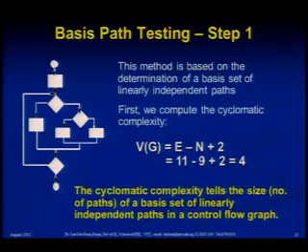So the first step is to compute cyclomatic complexity. We use this one as an example to show how to compute V(G). These are the number of nodes: 1, 2, 3, 4, 5, 6, 7, 8, 9.